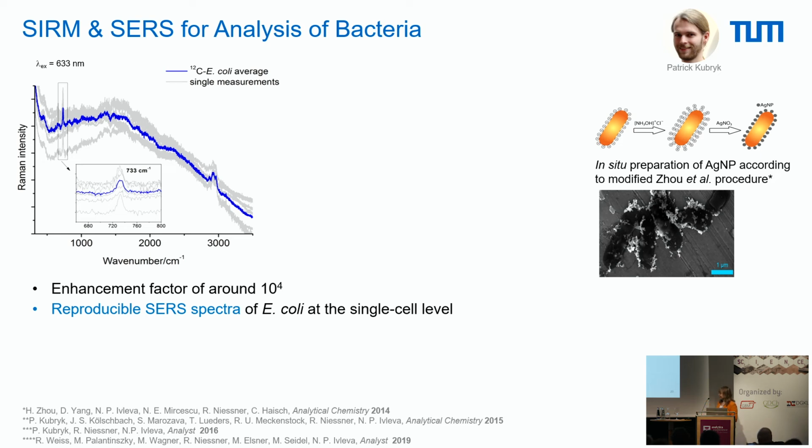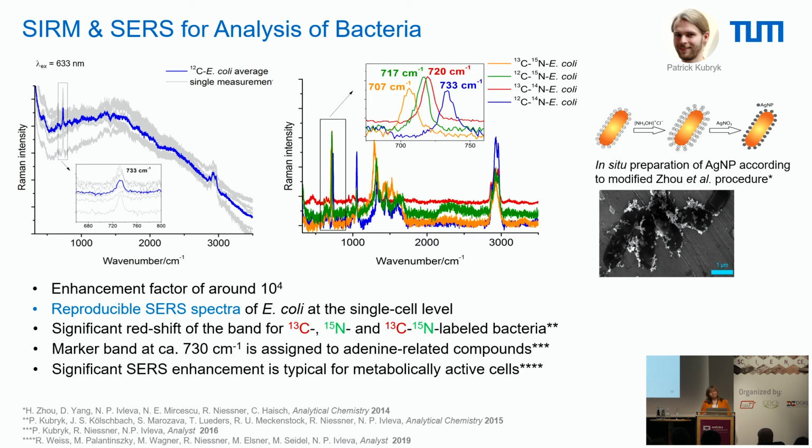And we were able to obtain reproducible spectra with the most pronounced peak at 730 inverse centimeter. And if bacteria were labeled with 13C, we observed the expected redshift, and with 15N, it was even more shift, and the most pronounced redshift was observed if 15N and 13C were applied together.